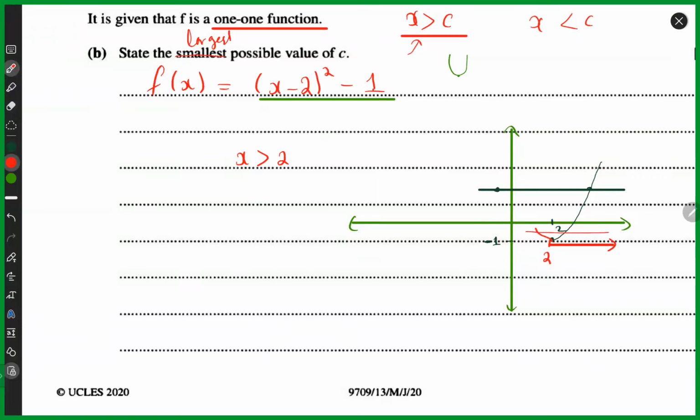And I've told you guys, you need to make the horizontal line cleverly. You would be able to see directly if the line would cut the graph at 2 points or not, and if the line is cutting the graph at 2 points at any part of the function, then it certainly is not one-to-one. Now this black line is cutting the graph at 1 point only, but this red line is cutting the graph at 2 points.